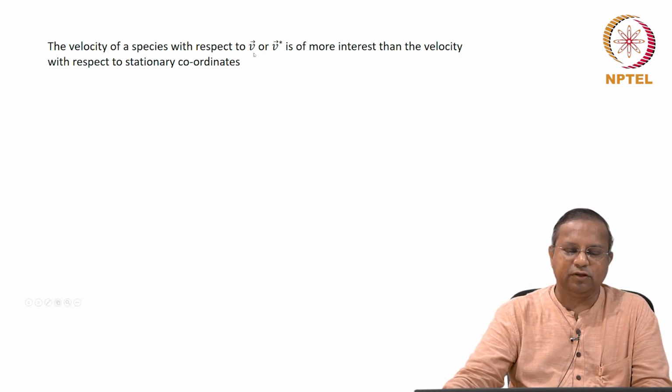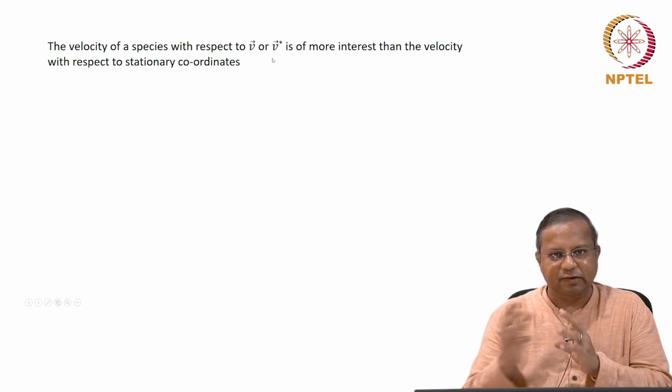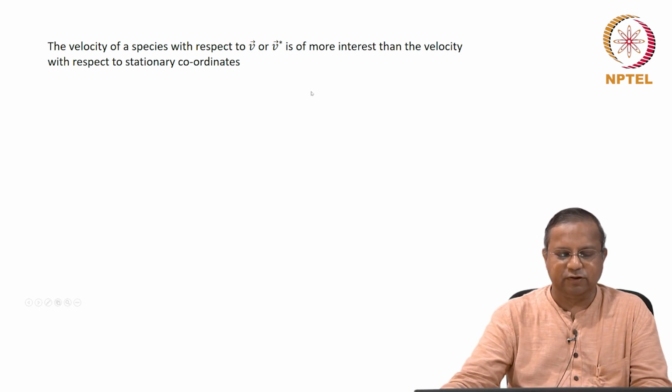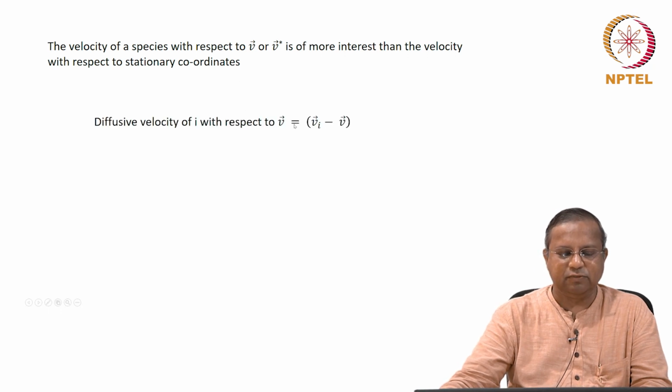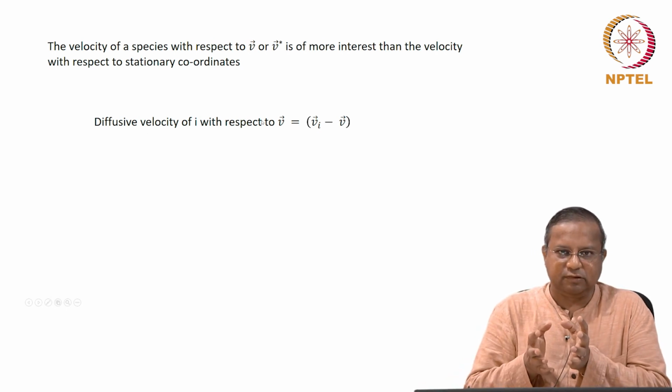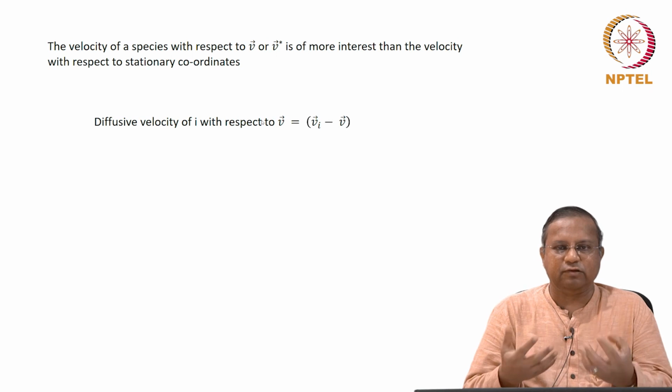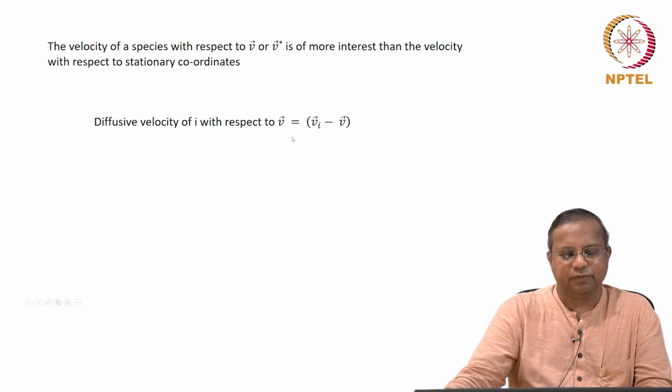And therefore, the comparison is more relevant or more useful. That comparison is given in terms of diffusive velocity of i with respect to V. So, you take V_i of any species, subtract the average velocity. This will give you something called the diffusive velocity of i with respect to V.